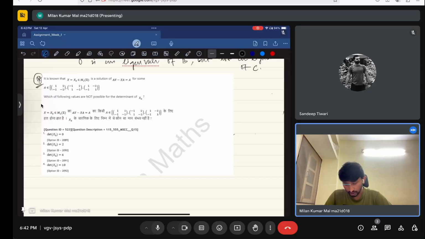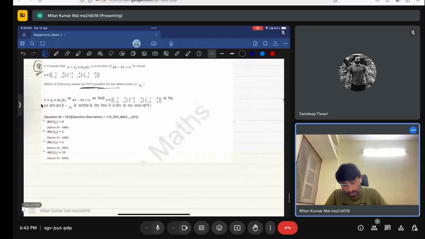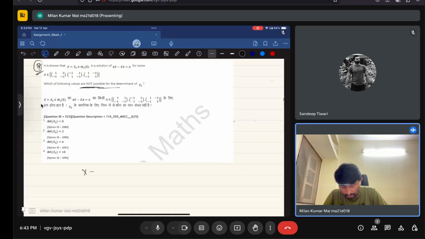Which of the following are not possible values of the determinant of X naught? So here it is saying that X equals X naught such that AX minus XA equals A. This is satisfied.